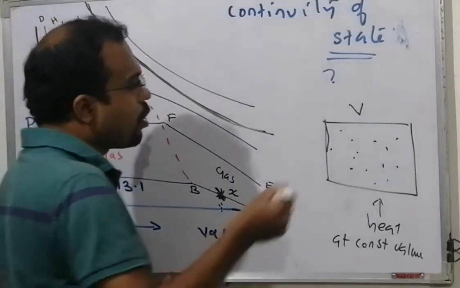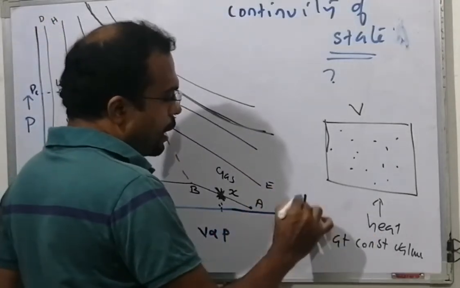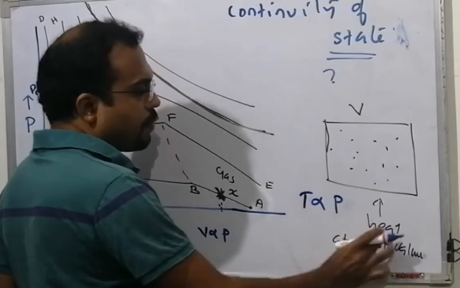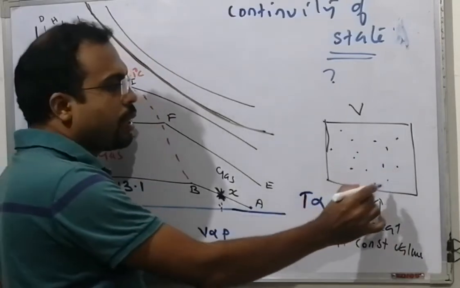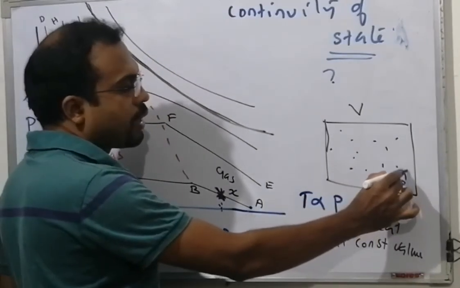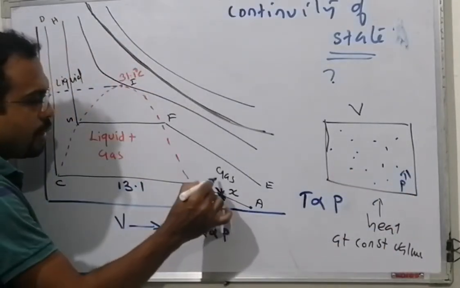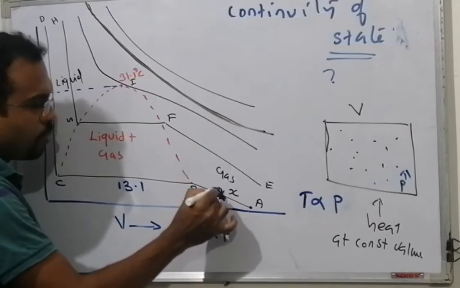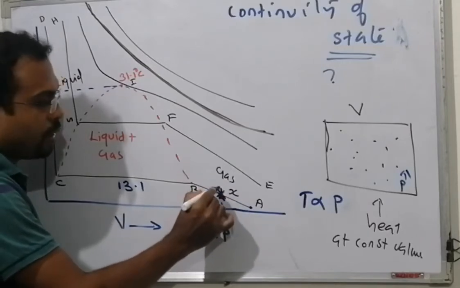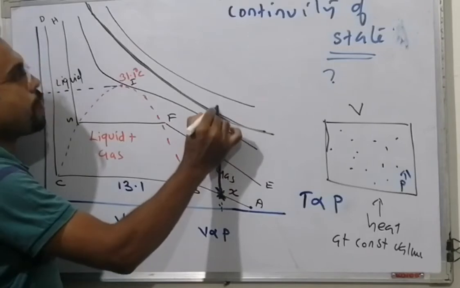What happens? At constant volume, temperature is directly proportional to pressure. When heat is given, temperature increases, and pressure also increases. Therefore, heating at constant volume, pressure increases like this.